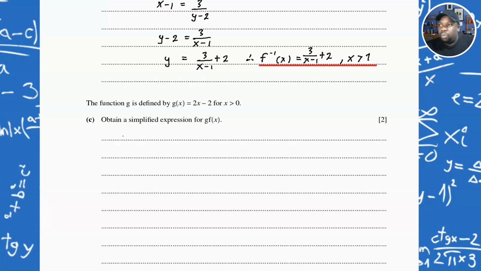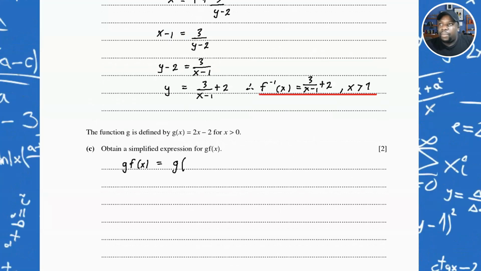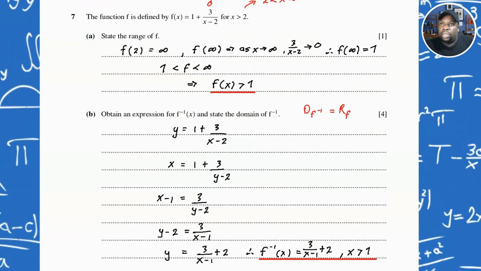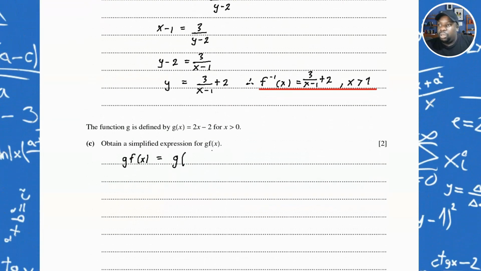They are saying we should find g of f of x, and this is as good as g of, and for f of x, we have that as being 1 plus 3 over x minus 2. That's what we have, all right?